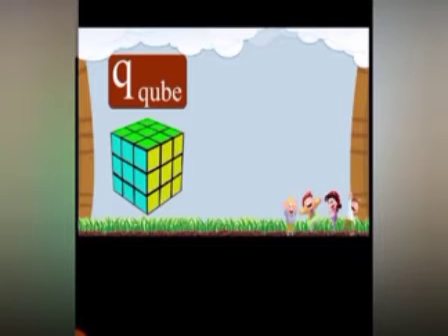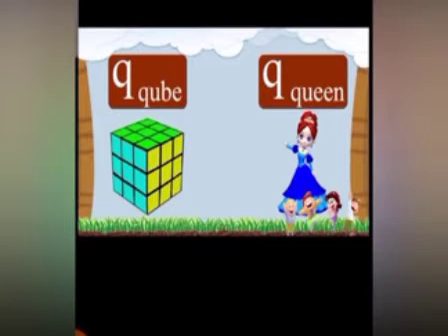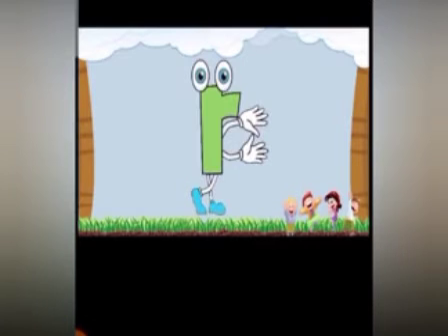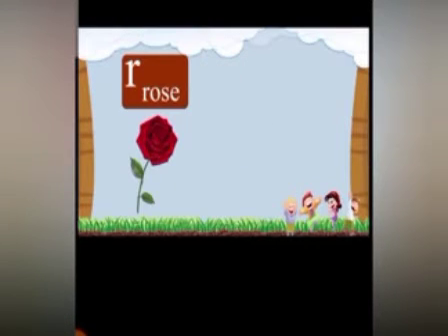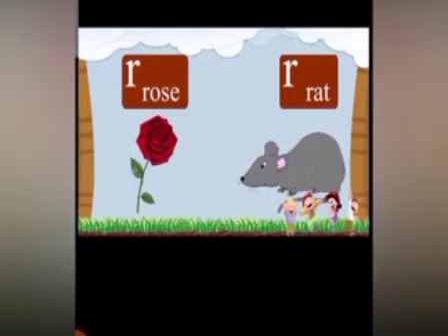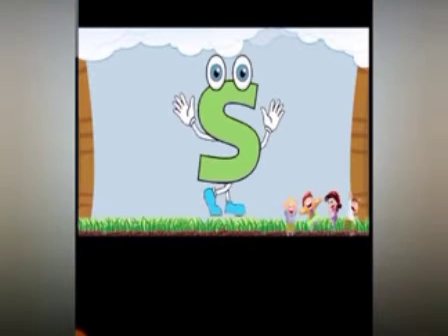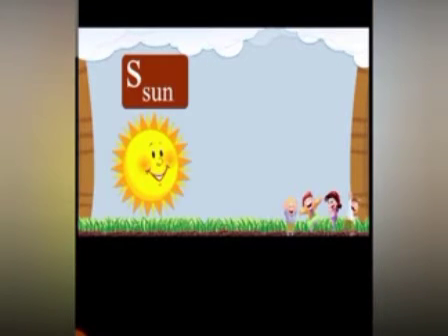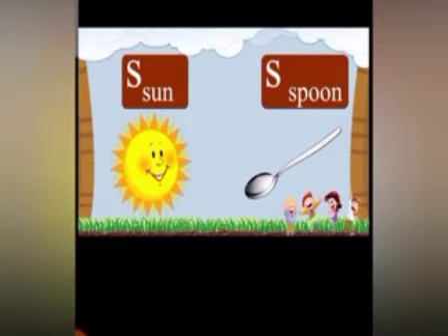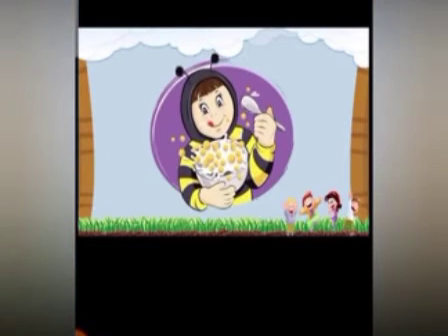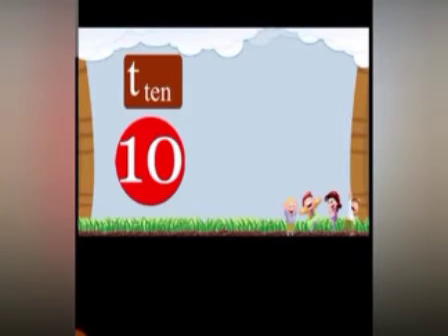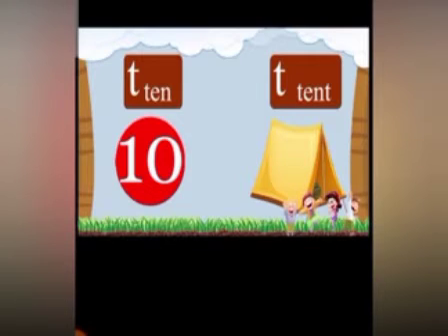Q. Q for cube and queen. R. R for rose and red. S. S for sun and spoon, which we use for eating. T. T for ten and tent.